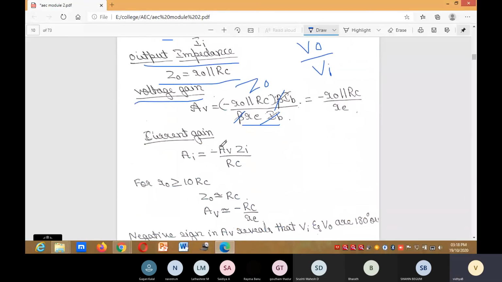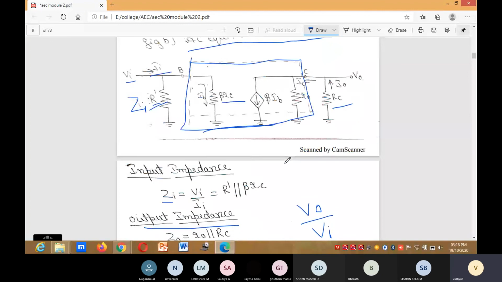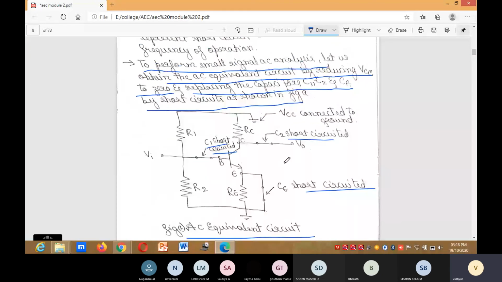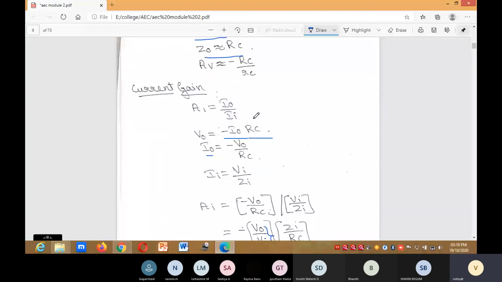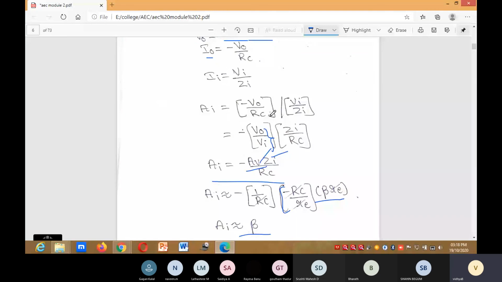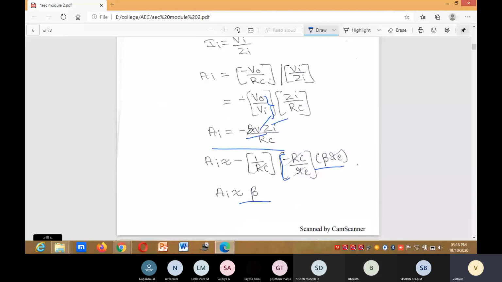Next, current gain AI is equal to minus AV Zi divided by RC. In the last topic, what we got: AI is equal to I naught divided by Ii, or minus V naught divided by RC, Vi divided by Zi, or we can write it as minus AV Zi divided by RC.